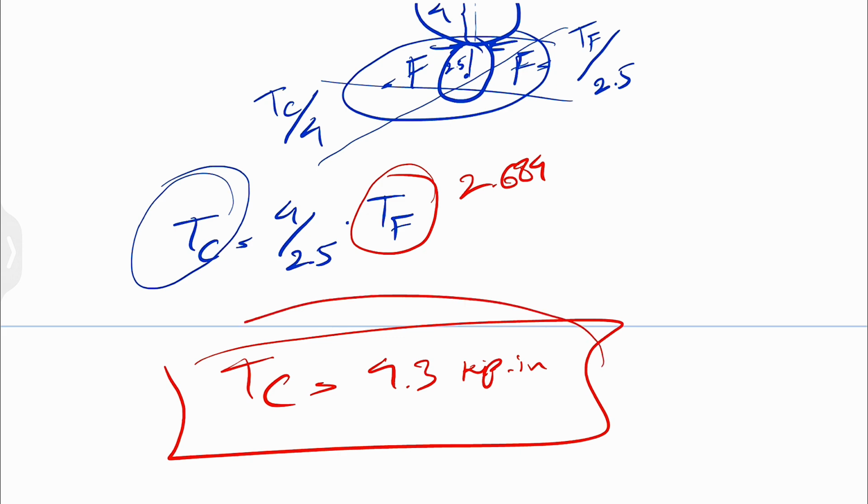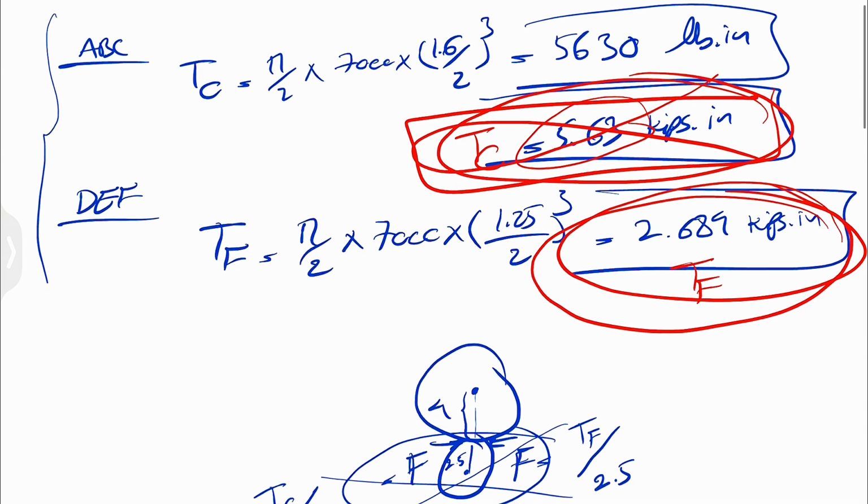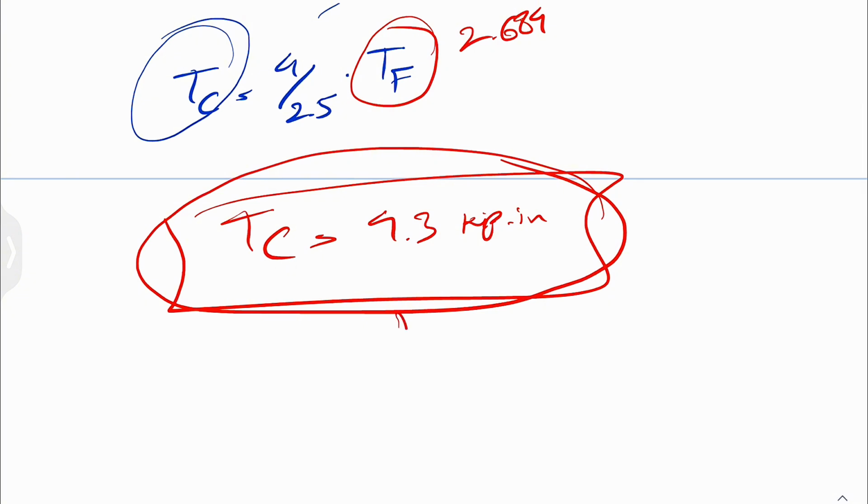That's going to be acceptable for us because this value is less than what we found for TC, which was 5.6, and that's going to be the maximum torque that it can tolerate. This is going to be the final answer for this question. As a rule of thumb, we go with the smaller value because that way we can make sure that the system is safe.